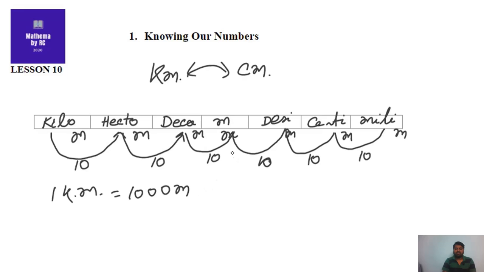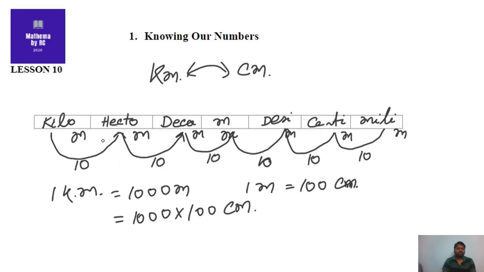So we also get 1 meter equals 10 decimeter and 100 centimeter. So 1 kilometer equals 1000 into 100 centimeter. Here we also calculate that there are 5 zeros, that means 10 to the power 5. When we multiply by 10 to the power 5, we get the centimeter. Here 1 step, 2 step, 3, 4, 5 step.